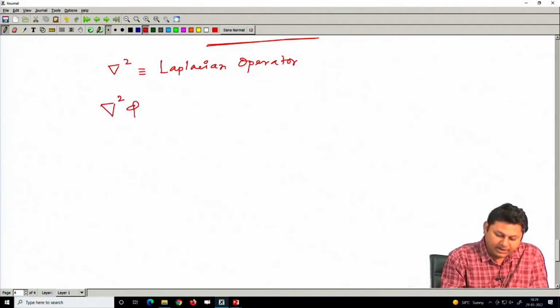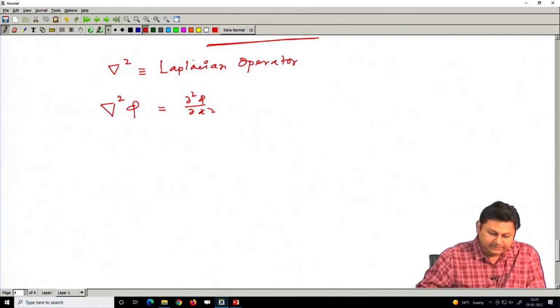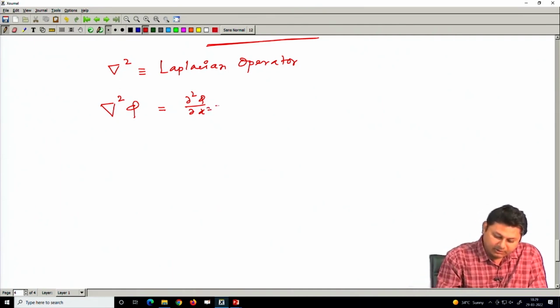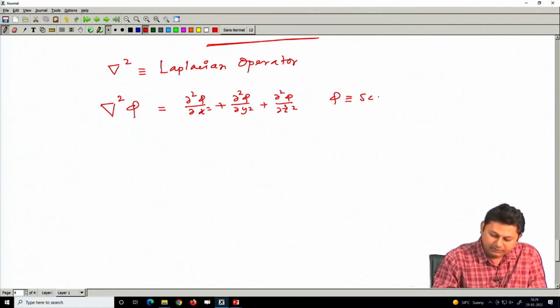can operate over phi, which gives del 2 phi del x square plus del 2 phi del y square plus del 2 phi del z square, where phi is a scalar field.